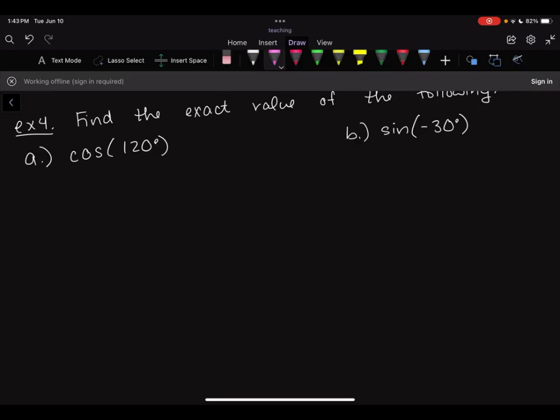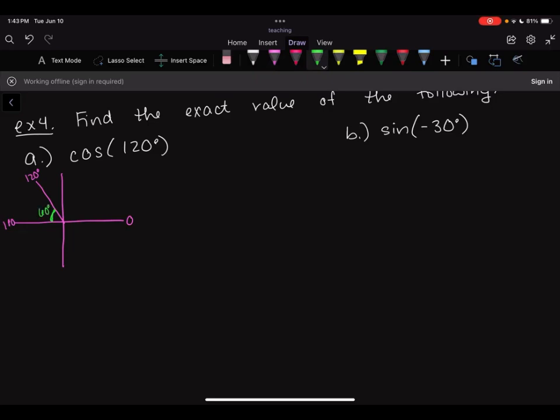So for cosine of 120, first I want to always plot it. So 180, this is 0. You'll notice I really only care about the x-axis, so a lot of times I won't even write the y-axis on there. I know 120 comes before 180, so it's roughly like here. So what we want to know is how far is it from the x-axis? So how big is this angle right here? That's going to be 60 degrees.